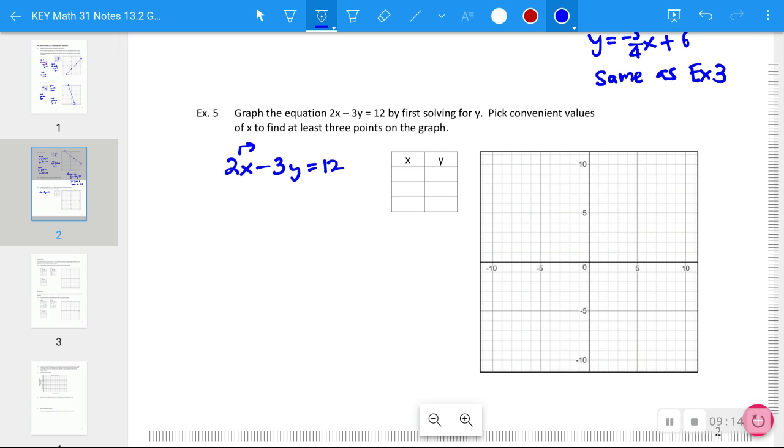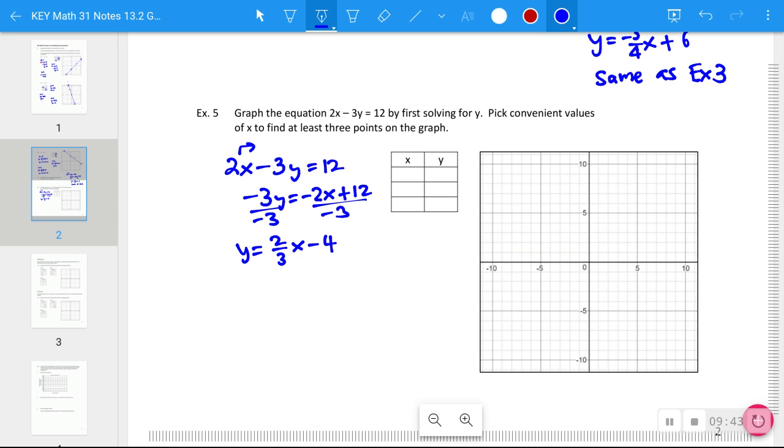Take the 2x over to the other side. And divide by -3. And that takes us down to an easier version to work with. You get 2/3, it's going to be positive, 2/3 x. Negative over negative is positive, and then 12 divided by -3 is -4.